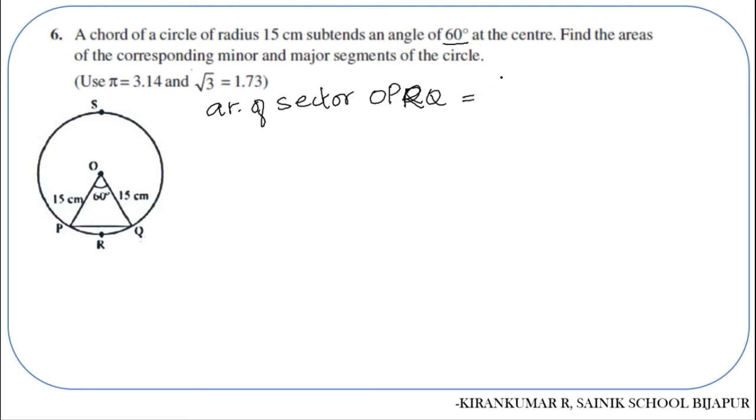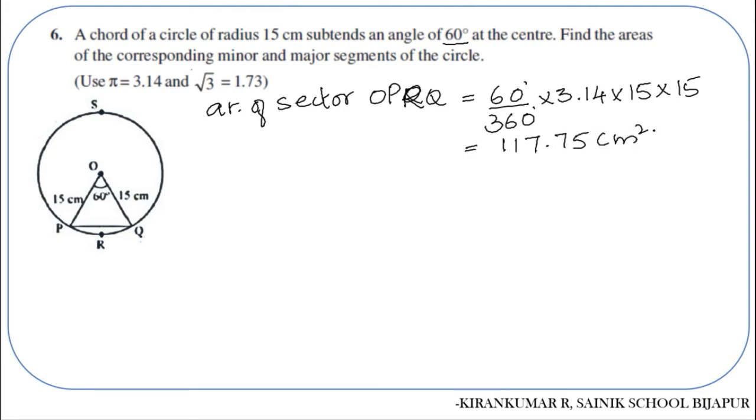So area of the sector OPRQ will be 60 upon 360 multiplied with 3.14 multiplied with 15 into 15, because the radius is 15. So this will be 1 upon 6. On further simplification, we get it as 117.75 centimeter square.